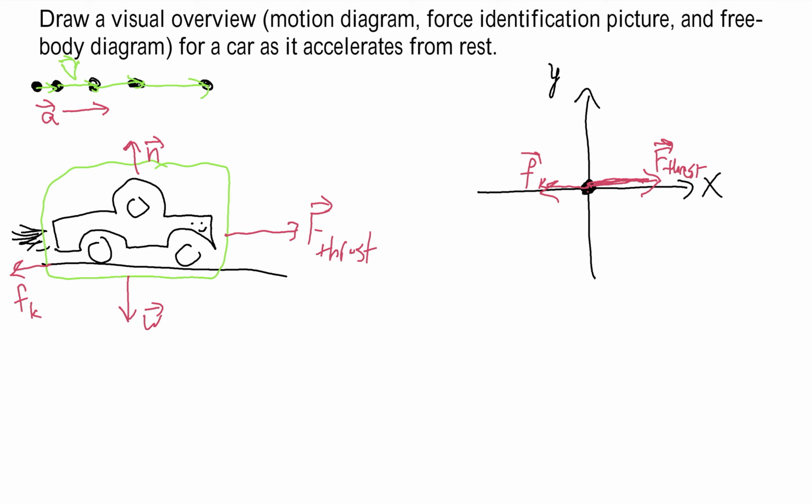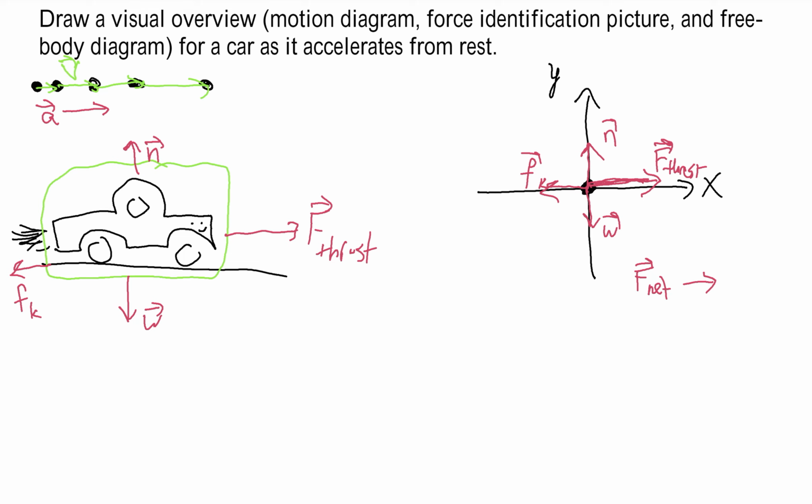Yes, the weight vector down is supposed to balance with the normal vector up. So those are meant to be drawn the same length. Okay, F net, off to the side, pointing to the right, because we are accelerating to the right. So F net to the right.